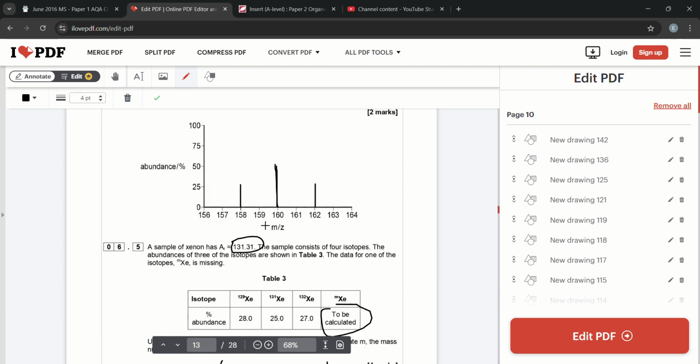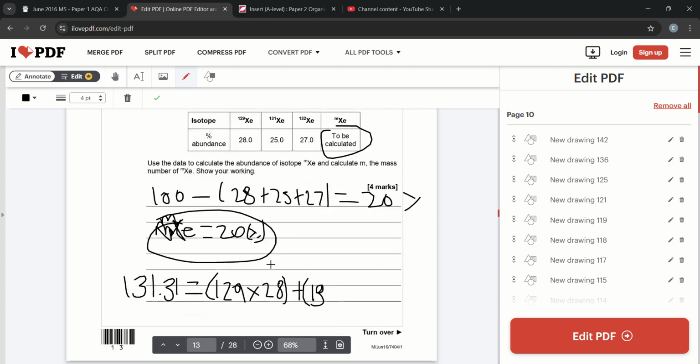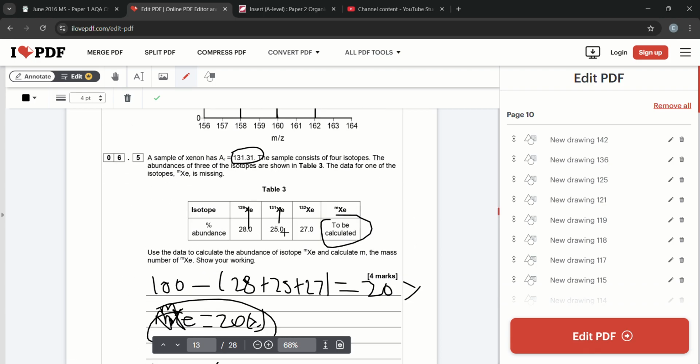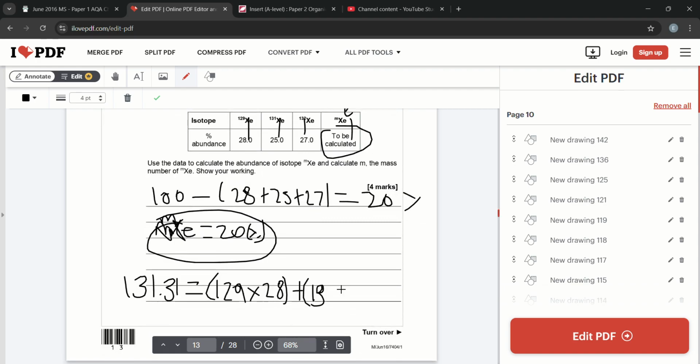All I have to do, because I know that Ar is 131.31, is that Ar is equal to this times this, plus this times this, plus this times this, plus this times this, but we don't know this, and therefore we're going to have to use algebra as well. That's why it's worth 4 marks for the whole question. Otherwise, if you're just substituting values in, it would be worth 2-3 marks at max.